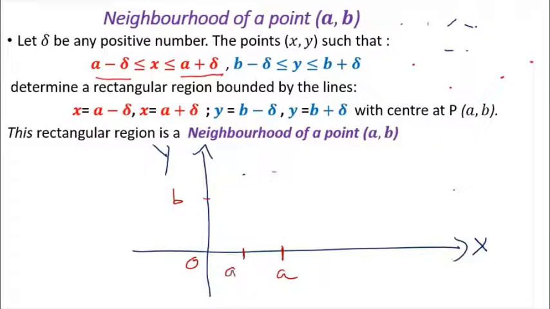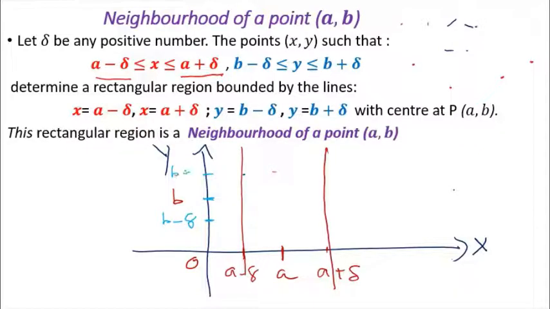So this is a minus delta, and this is a plus delta. And for b also, I'll take from b minus delta to b plus delta.